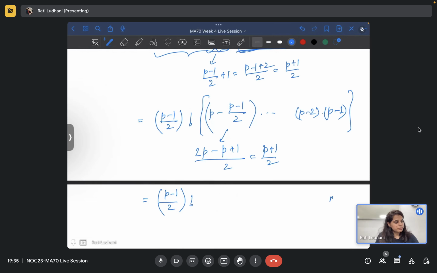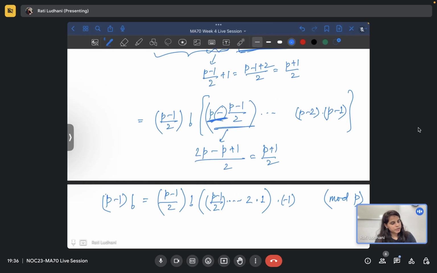So if we go mod p, then this is (p−1)!. This is equal to, if we go mod p, this p you can assume to be 0, and there will be a minus at every place. So mod p, what will it be? (p−1)/2 and so on, the descending product, into (−1) raised to power, there will be a minus in every part.